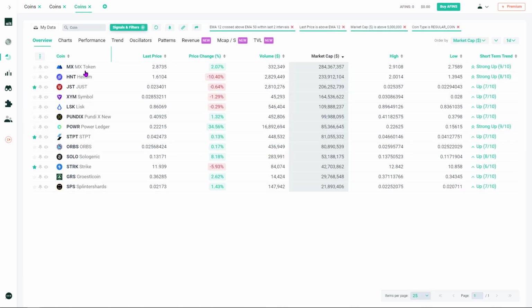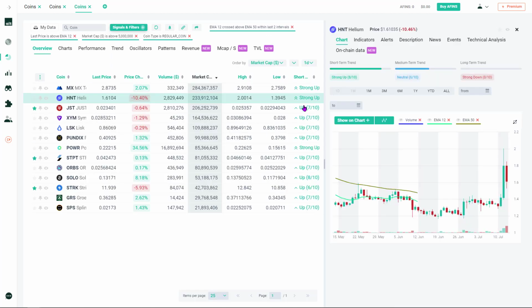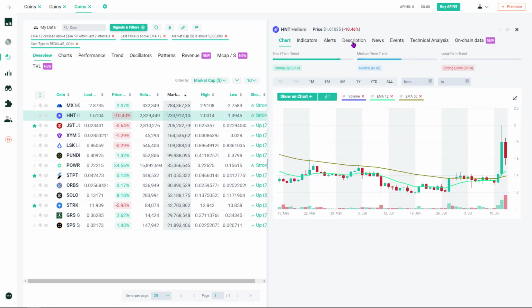And by the way, for those of you who are not familiar with Helium, it's a very interesting use case in terms of just the fundamental use case.